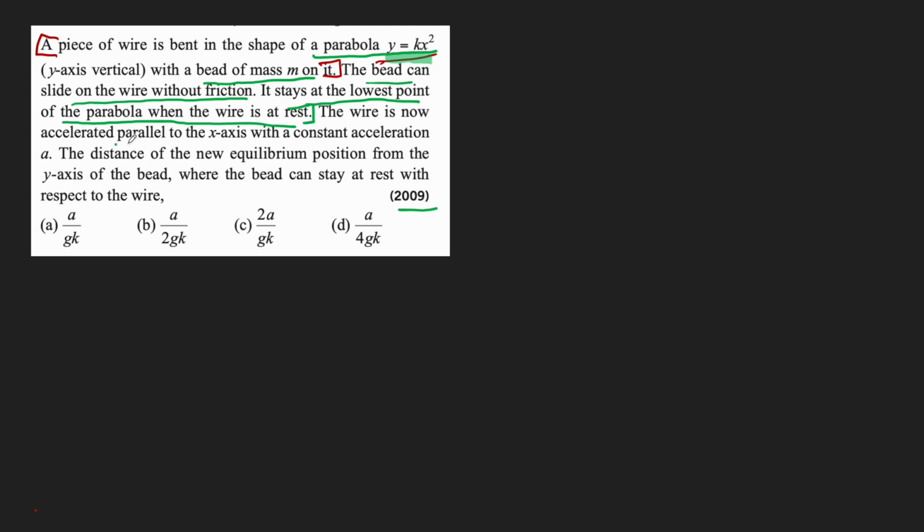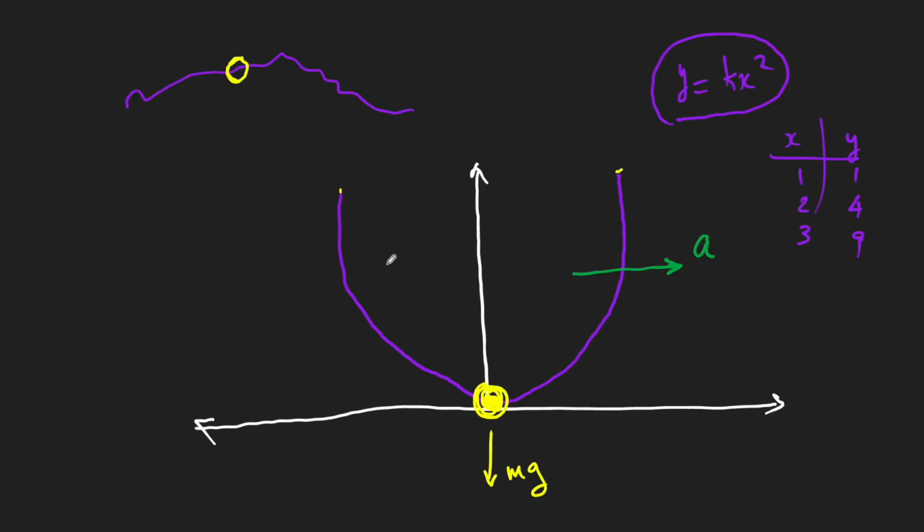It is not stated whether to the right or left. It is just moved parallel to the axis. You can put a towards the left or right. I am taking it as towards the right. It is being accelerated towards the right, like this.